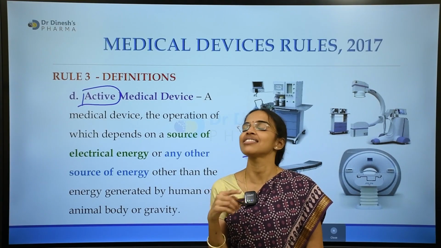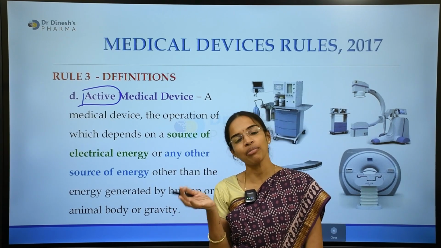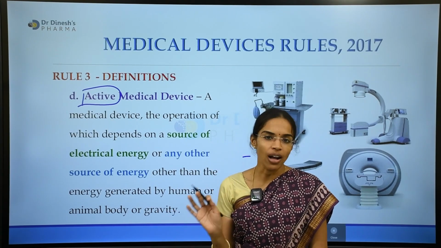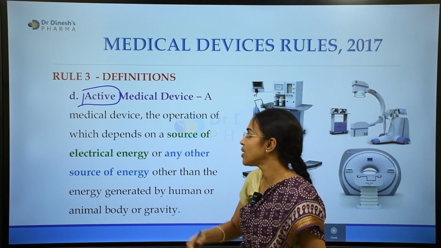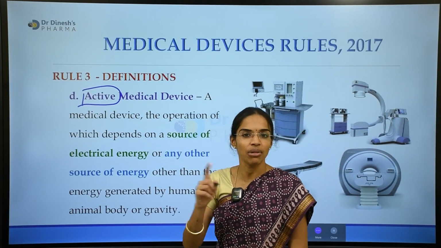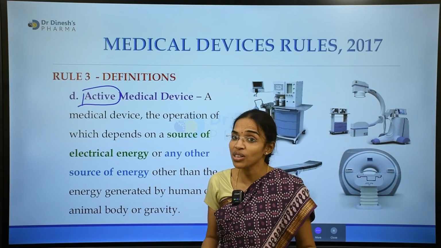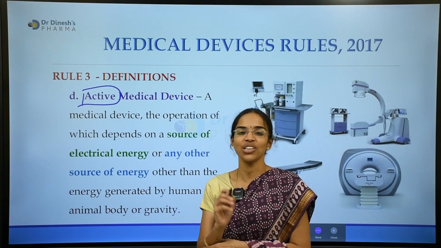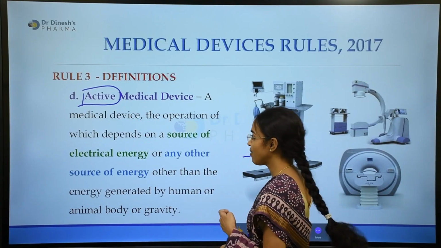Medical devices are of two types again: active medical devices and non-active medical devices. Not all the medical devices we use come under the active medical device category, because there are certain non-active medical devices also. So what is an active medical device here?